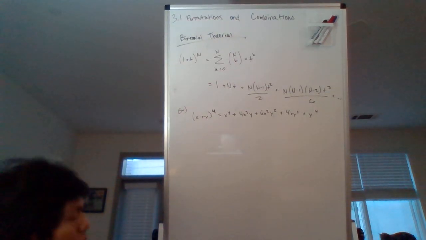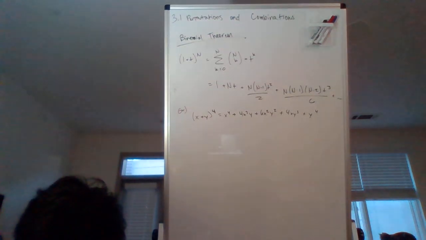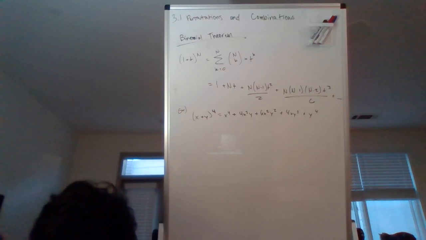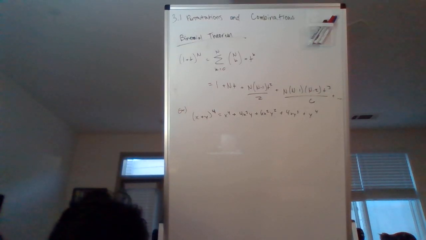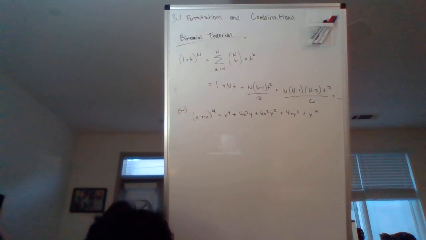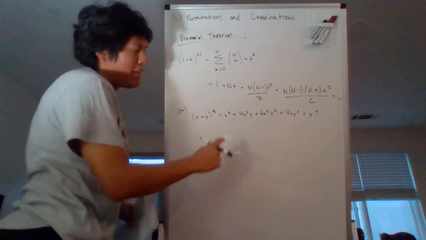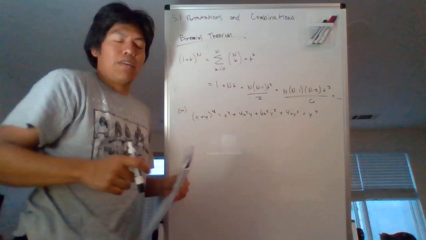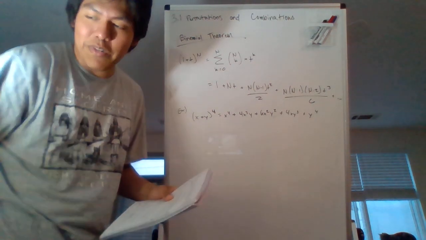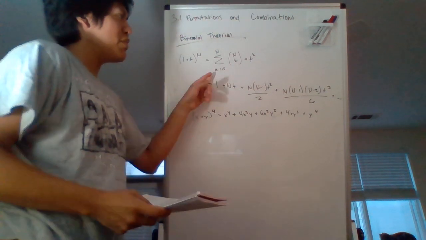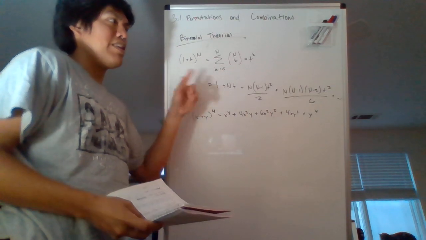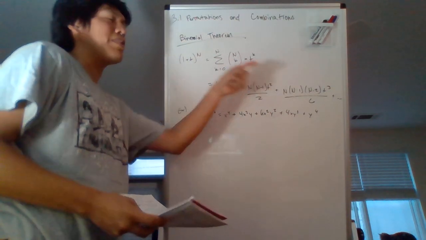Now, what the binomial theorem helps us with here is basically finding the coefficients of the elements here. This is where a calculator really comes in handy, because you don't want to have to write out all of the combinations, like n factorial over.